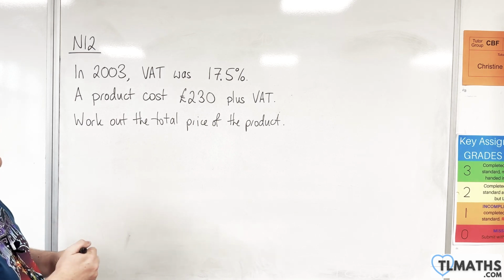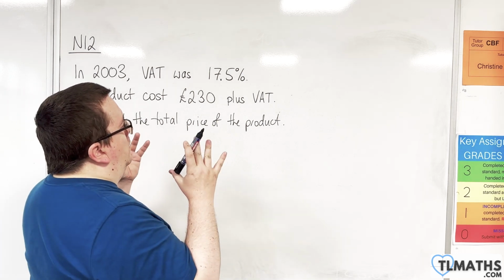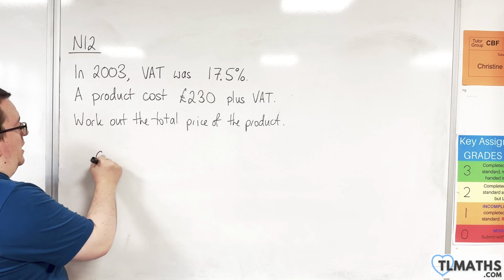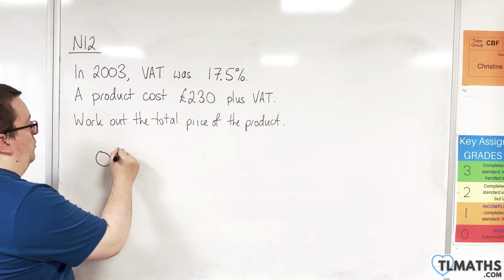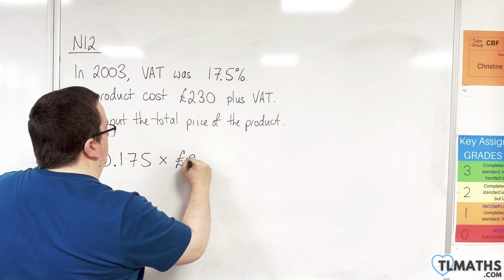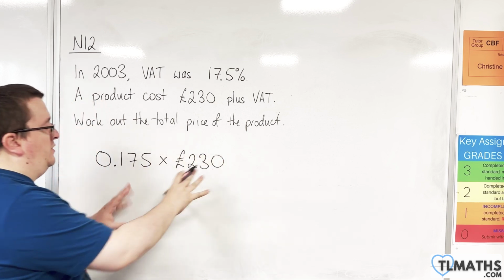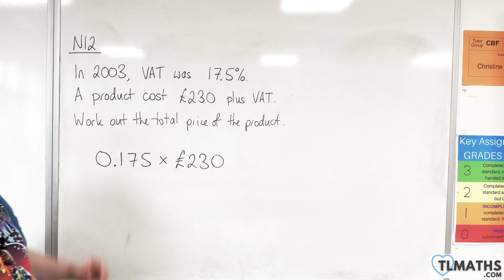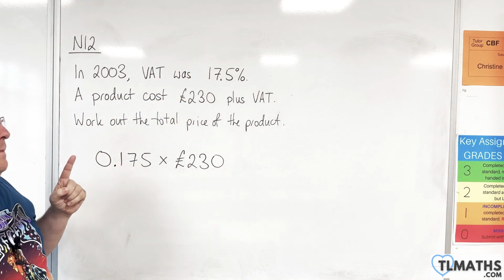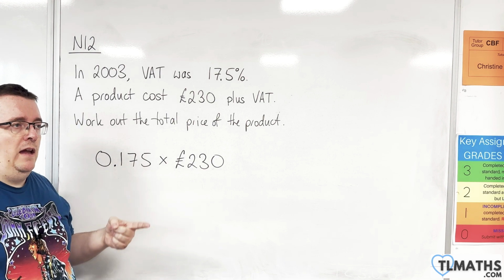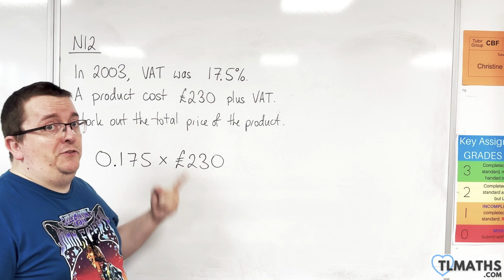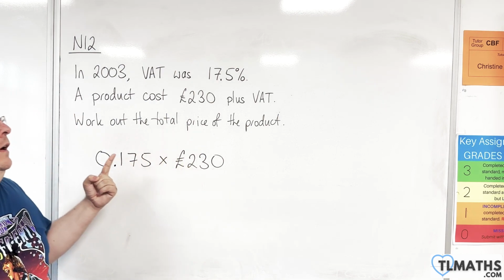Okay? Now, one way of doing that is to go, well, 17.5% is 0.175, and I'm going to multiply that by the £230. That's using the decimal times the amount. Now, I would assume that the idea of breaking a percentage up into its pieces really stemmed from these types of questions.